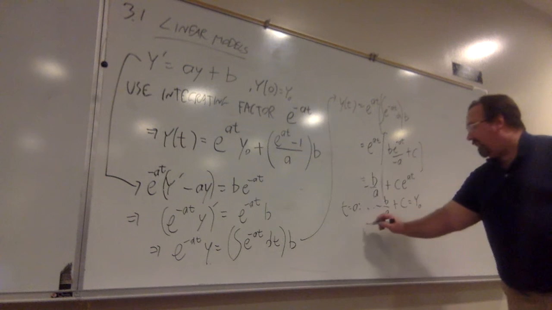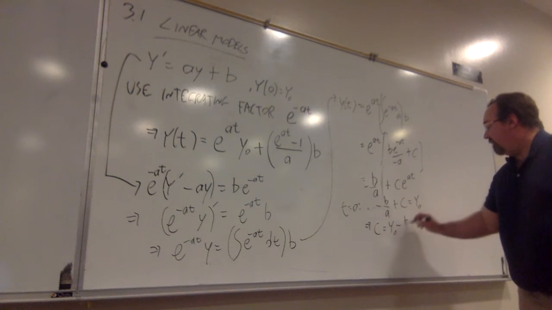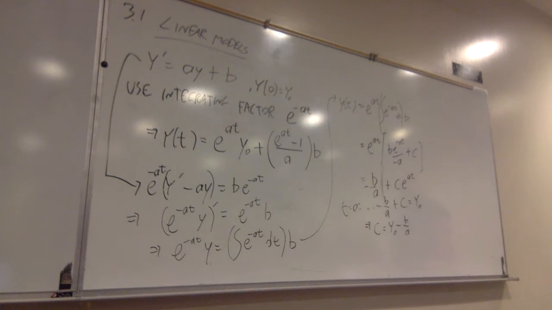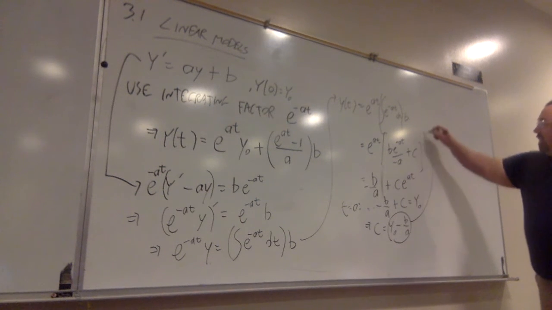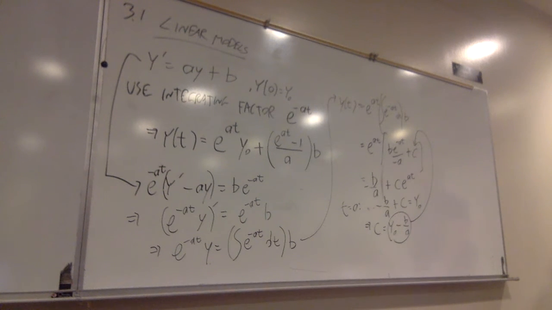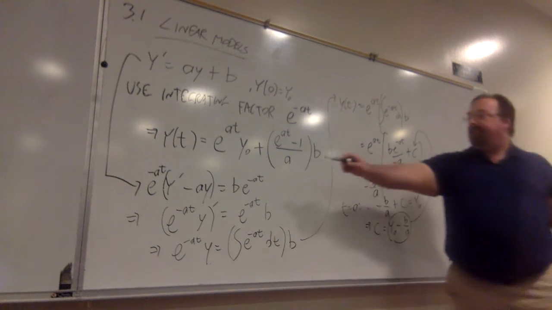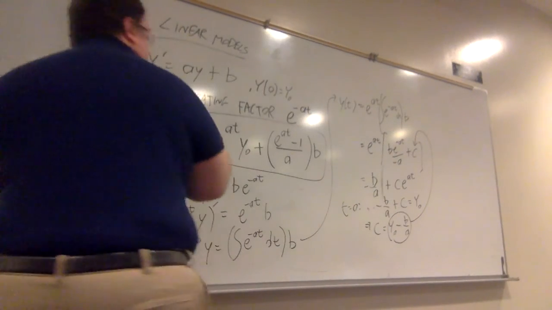So now I have c is equal to y naught minus b over a. So then I can take that and substitute that in here. Once you simplify everything as much as you can, then this is what you end up with.